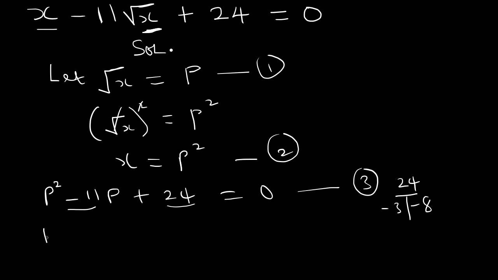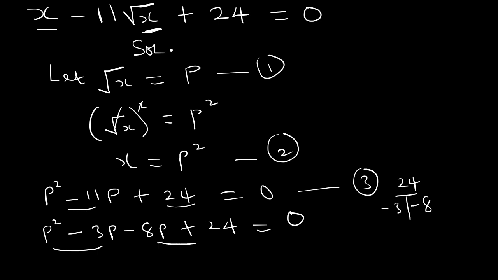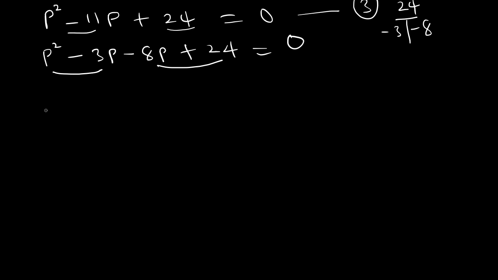So we'll come here, p squared. In place of minus 11p, we will now replace with minus 3p and minus 8p. Then plus 24 is equal to 0. We are going to factorize by grouping. Between p squared and minus 3p, p is common.